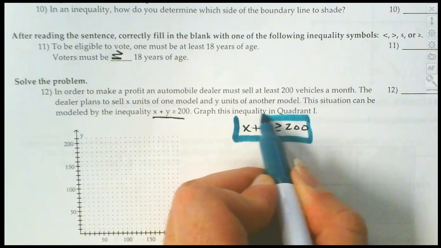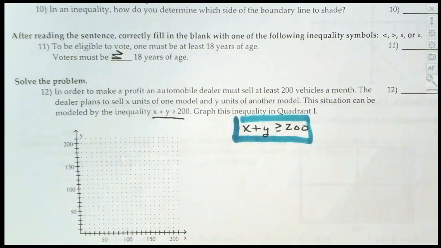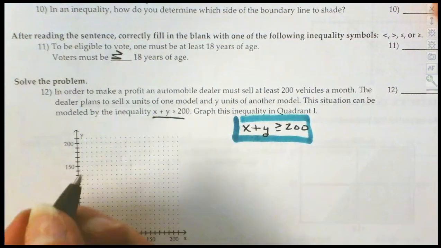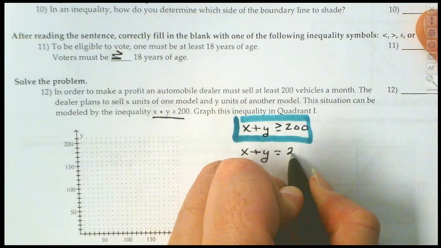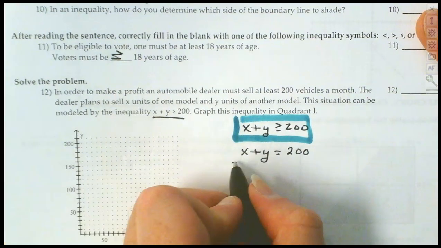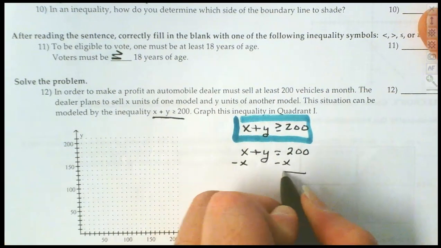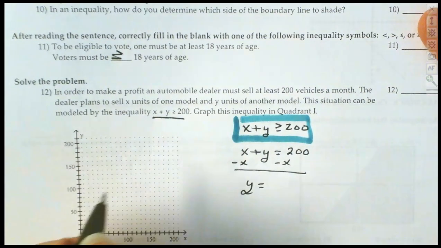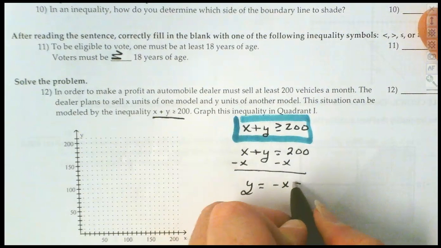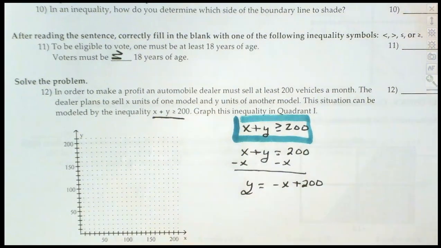Now, what do we need to do? We need to graph it. So we're going to take this and replace it with an equals. We'll move the X over, and we now have Y equals negative X plus 200. Is everyone okay with that so far?